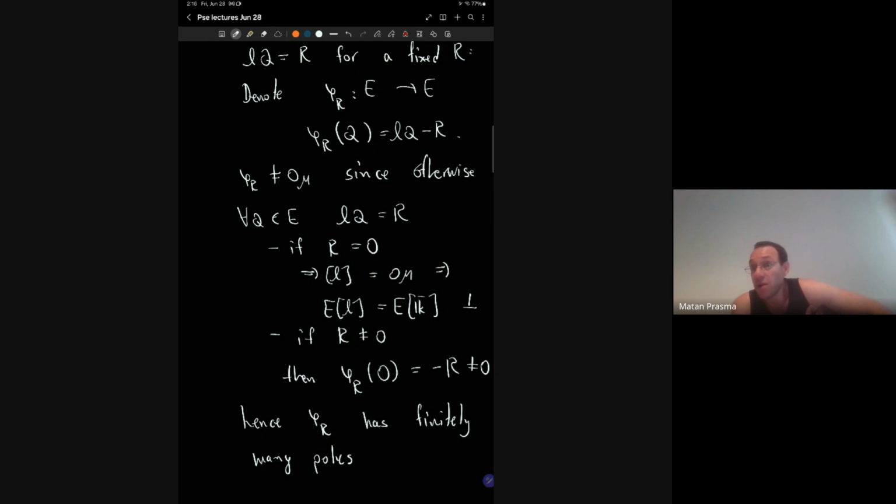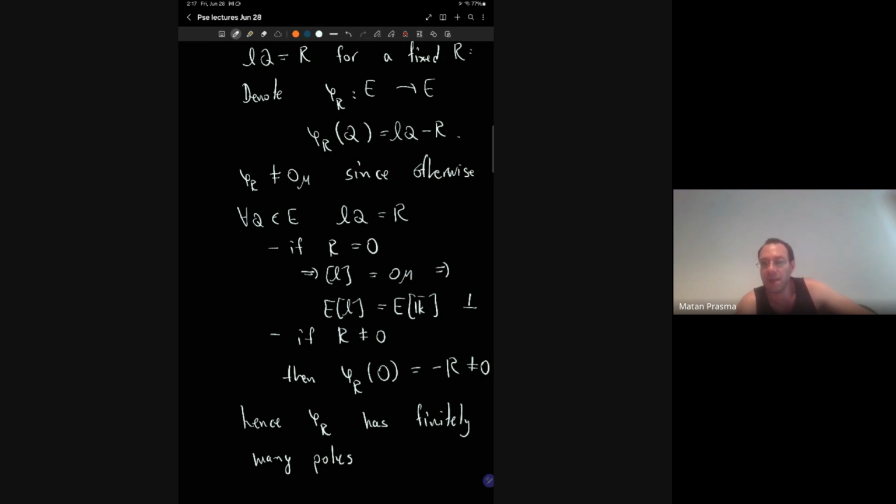And therefore, a rational map, because a rational map is two coordinates of rational functions, and the condition is that one gets infinity if and only if the other gets infinity. And there are only finitely many points for which each of them can get infinity.